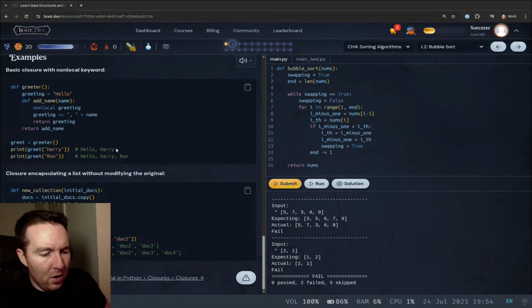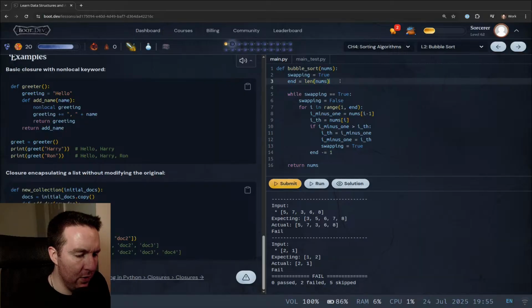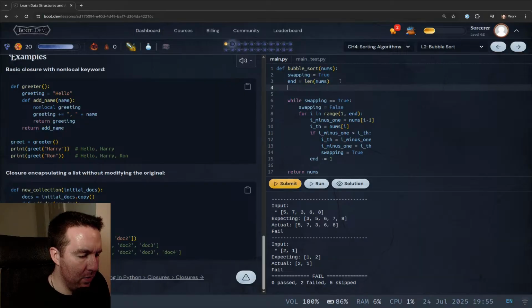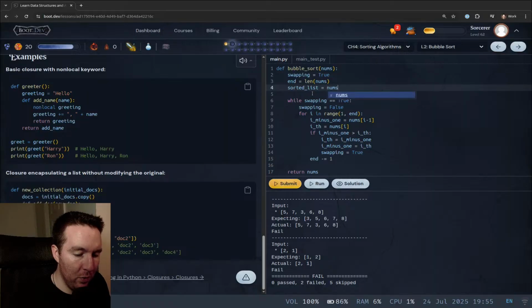Right, so do we need to make a copy of that list so we can just fill it up? So if we had sorted list equals nums.copy.